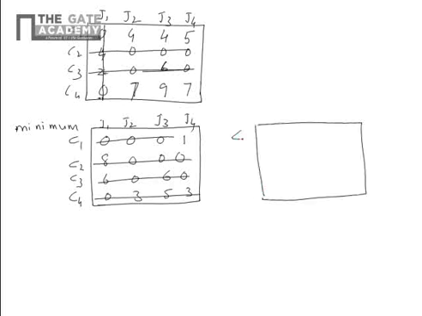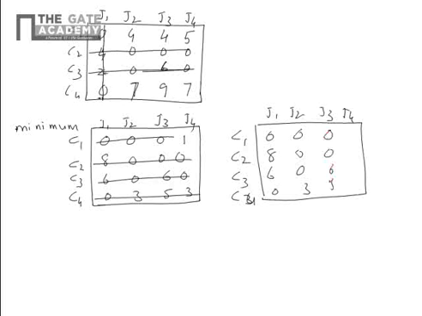This is the final matrix, because the number of rows is equal to the number of lines used for covering the zeros: 0 8 6 0, 0 0 0 3, 0 0 6 5, 1 0 0 3. Now you start cancelling the zeros.